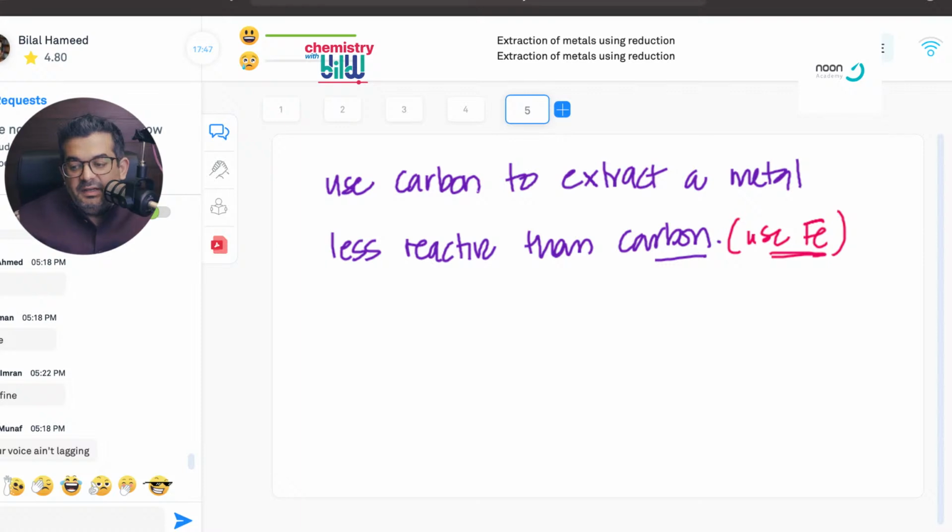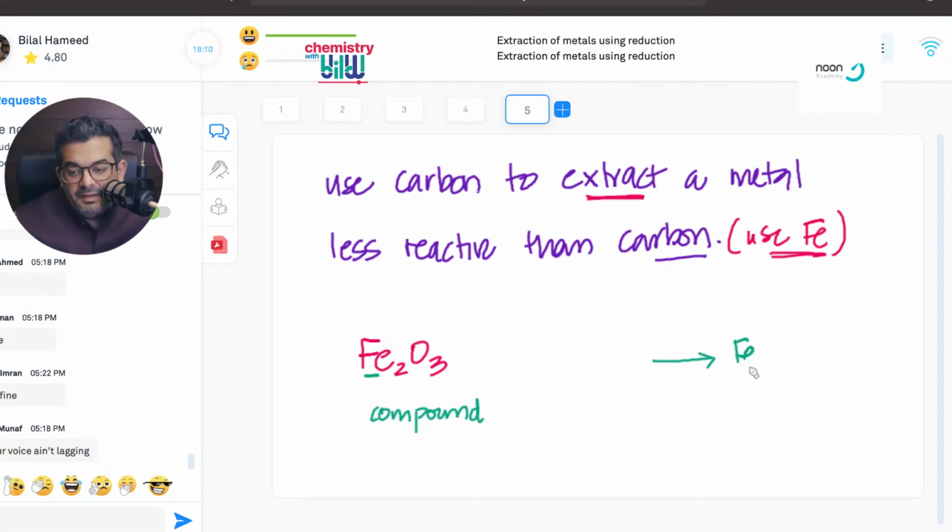A crude example is this. You take iron oxide. What does extraction mean? It means taking the element out of a compound and making it its metal.